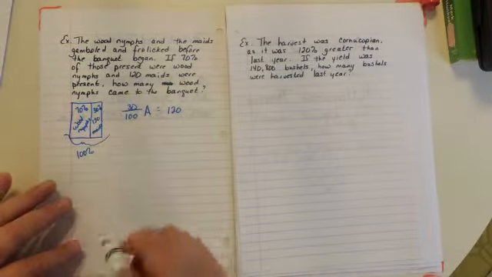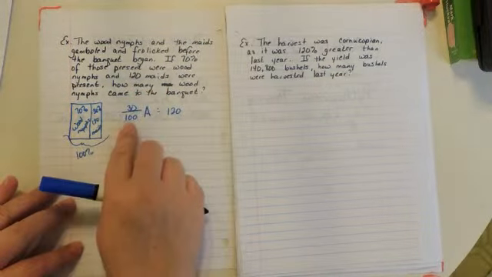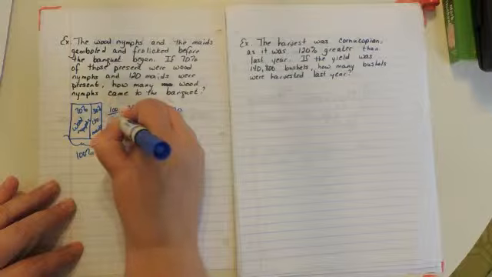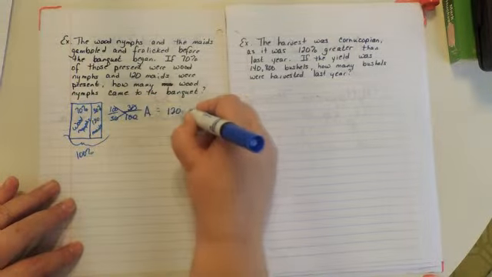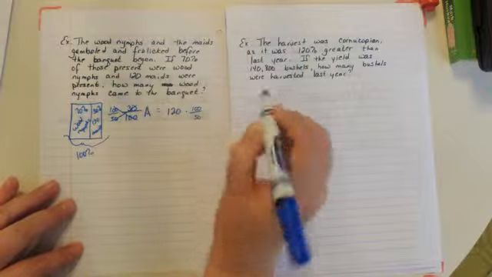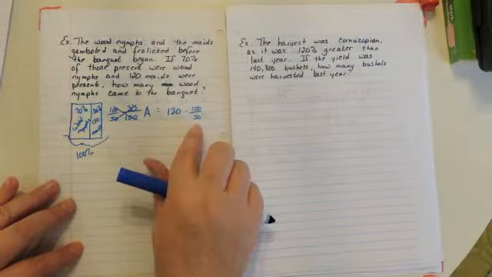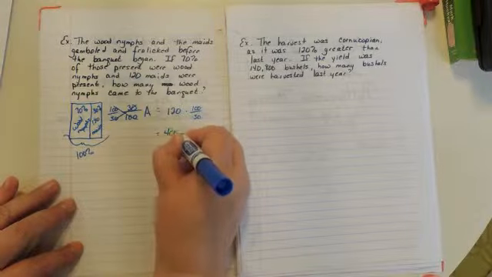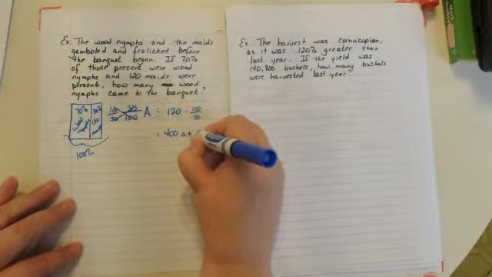So we're going to solve for A. We're going to start by multiplying by the inverse to get rid of this fraction. And then 120 times 100 divided by 30 is 400. So there are 400 attenders.